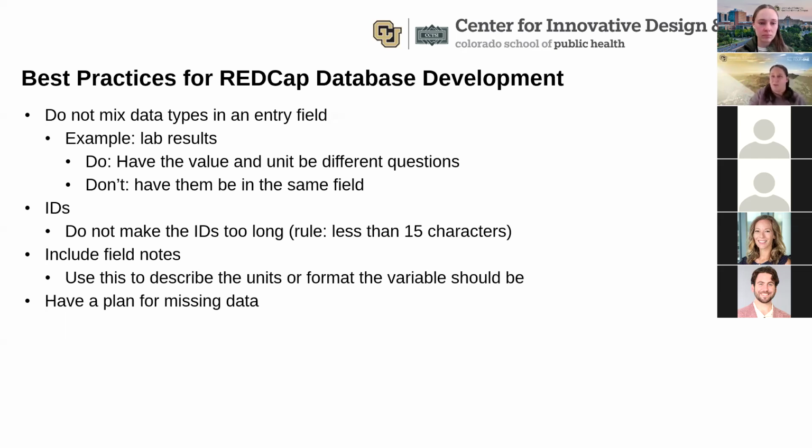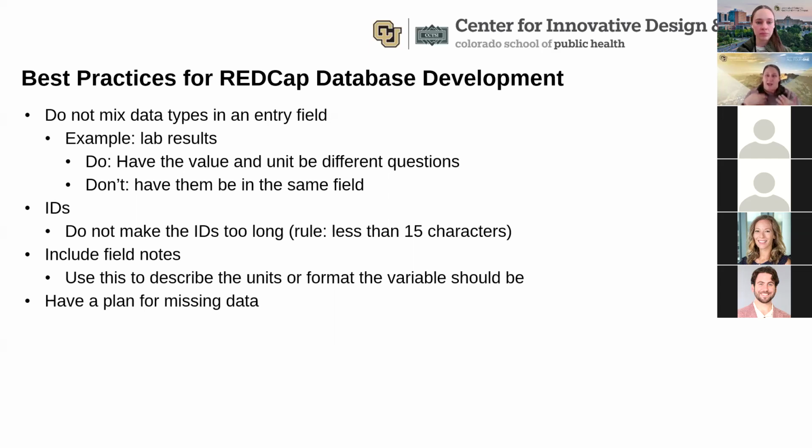And then have a plan for missing data. So either have an option that it's missing, or somebody refused to answer, or they don't know. So therefore, on the back end, if you have a statistician or a biostatistician that is reviewing your data, they can know whether something is missing, meaning that it was not answered, versus it is like refused or they didn't complete it.